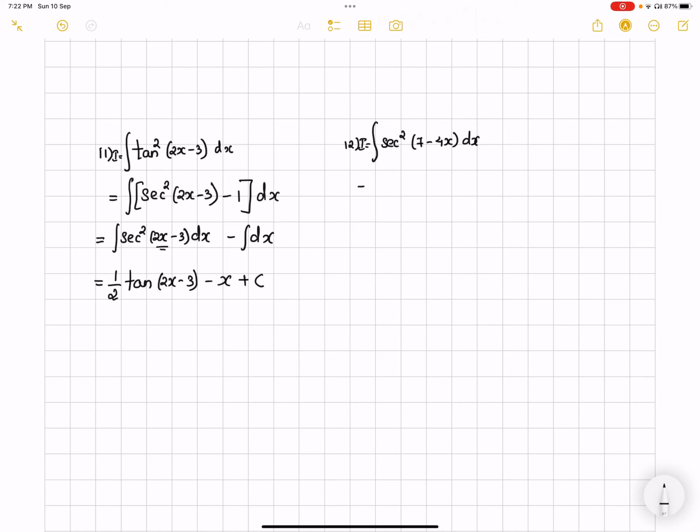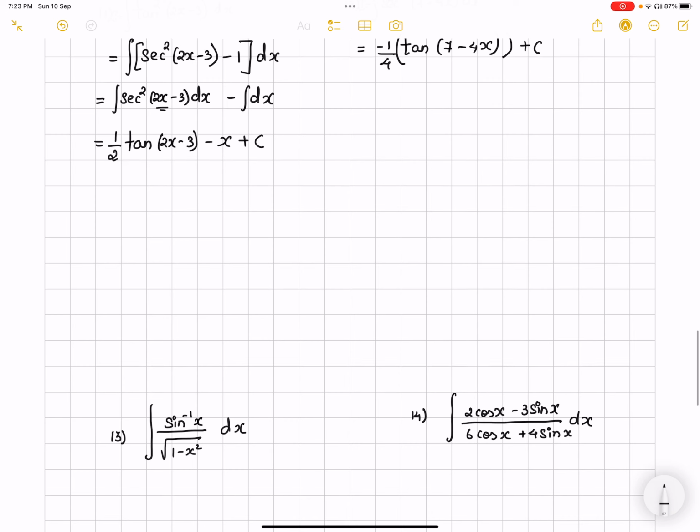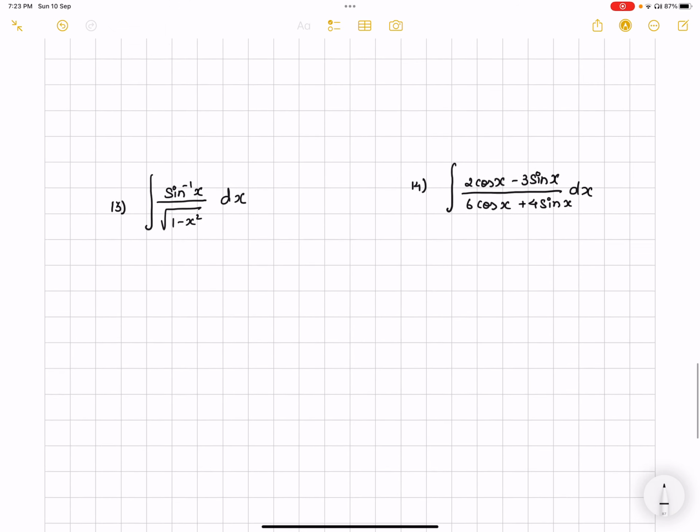So now here when I integrate, I would be getting secant square, and when I integrate, I would be getting tan of 7 minus 4x, then divided by minus 4, that is minus 1 by 4. I will just write like this, plus c. That's it. Our integration gets over with this. So it's quite simple. So don't waste time using substitution. Use the formula which has been derived using substitution.